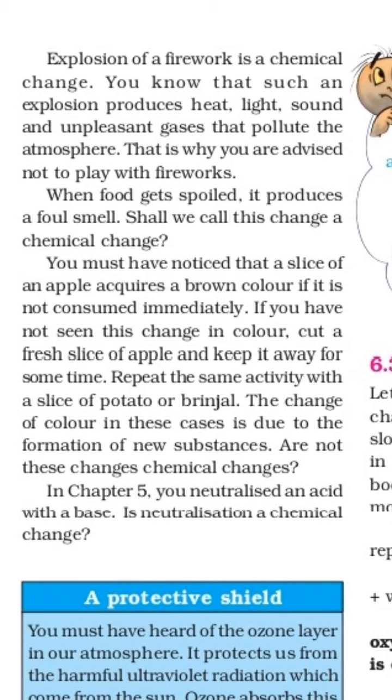If you have not seen this change in color, cut a fresh slice of apple and keep it on an open surface for half an hour, 1 hour, or 2 hours, and afterwards you can see that the brown color appears on that slice of apple.